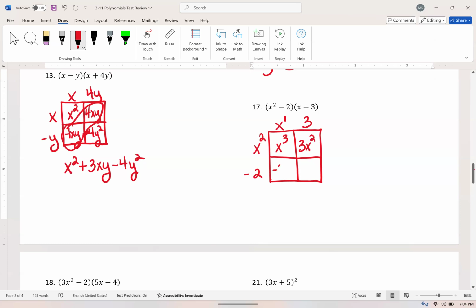Negative 2 times x is negative 2x, and negative 2 times 3 is negative 6. Notice there are no like terms here. So we have four terms that we're going to write. X cubed plus 3x squared minus 2x minus 6. Cannot do anything with that because all of these are unlike terms.